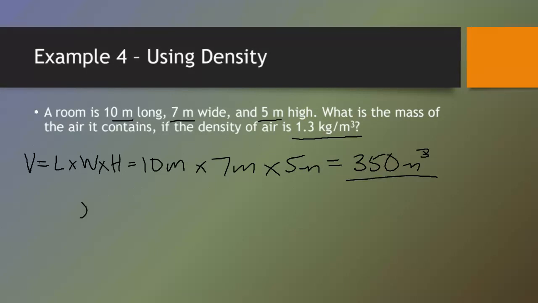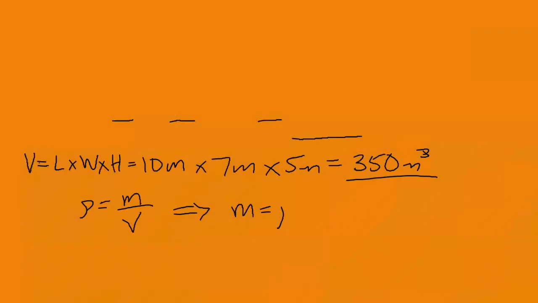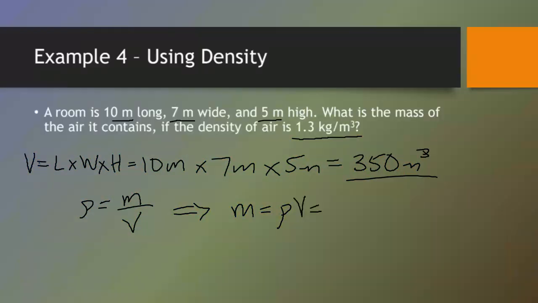Remember that the density rho is equal to the mass divided by the volume. Again, we can rearrange this to solve for the mass by just essentially cross multiplying. But the mass is the density times the volume. Wrong Greek letter. Or 1.3 kilograms per meter cubed.